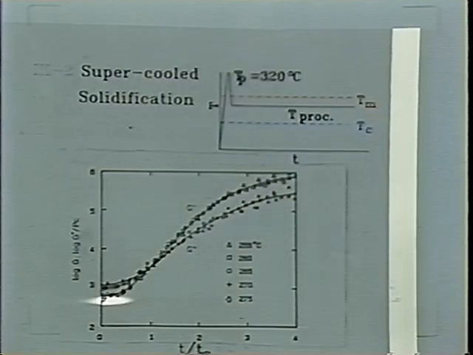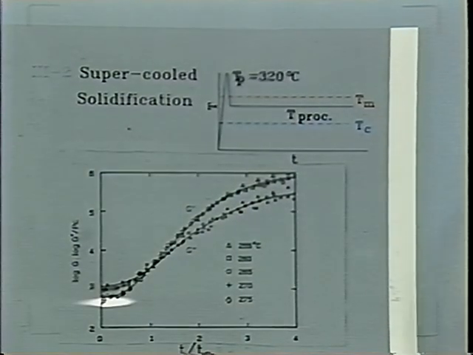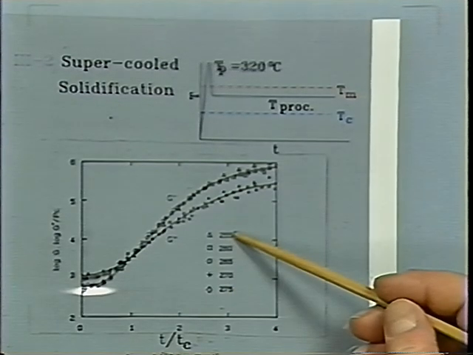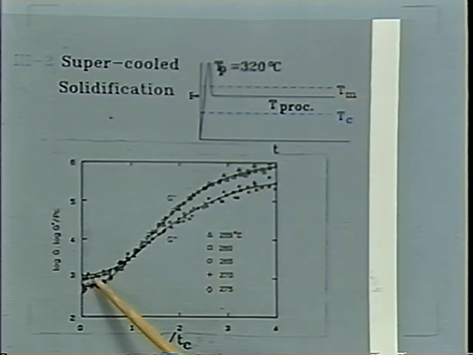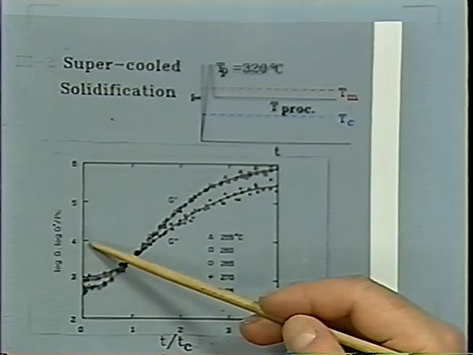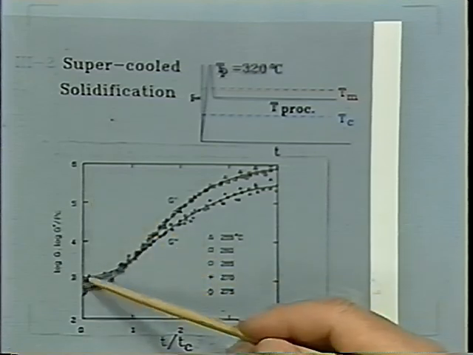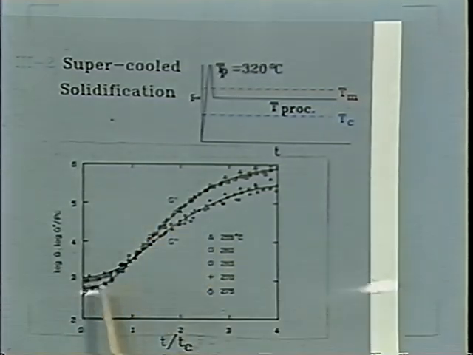Those are data from Yegang Lin. He has performed experiments at many different temperatures from 275 down to 255 and observed the growth of G prime and G double prime. The moduli increased by several orders of magnitude. This is on a log scale, so the sample goes from a liquid state to the solid state. It needs a while for the crystallization to start.